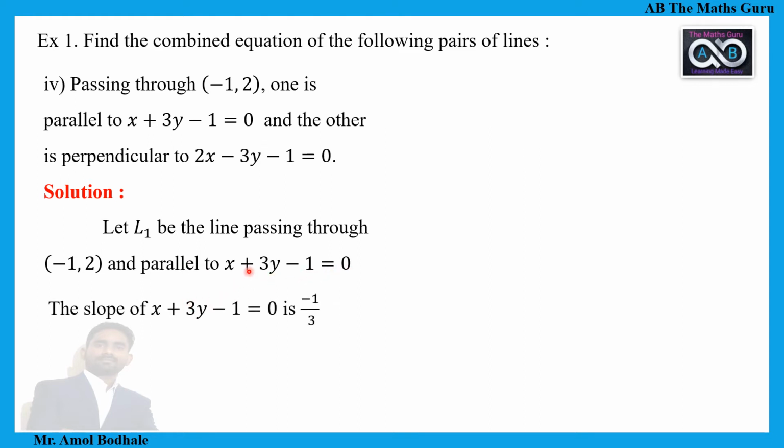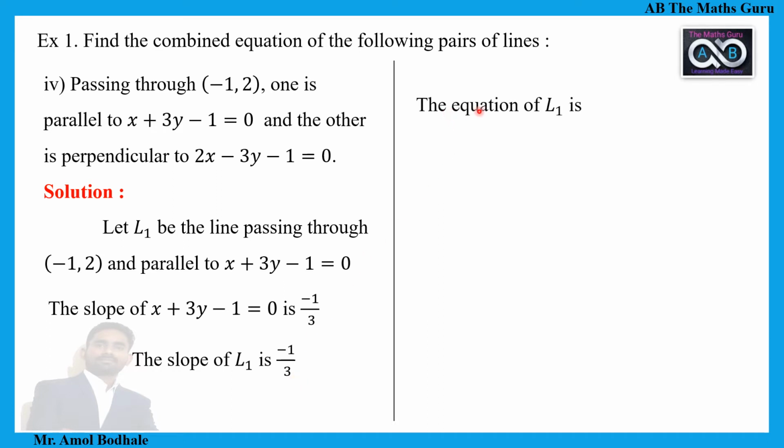Now the slope of the line x plus 3y minus 1 equal to 0 is minus 1 upon 3, as we know the formula for slope, which is minus a upon b: the coefficient of x upon the coefficient of y with a negative symbol. So we get minus 1 by 3. As the required line L1 is parallel to this line, the slope of L1 is also the same, which is minus 1 by 3.